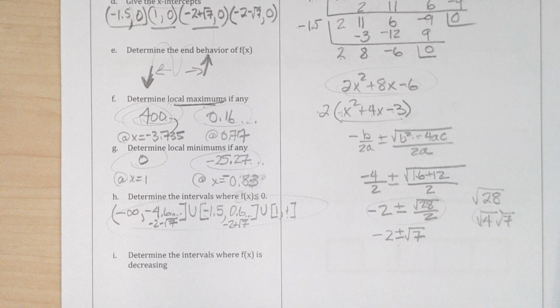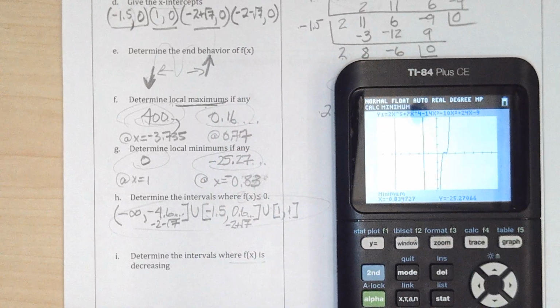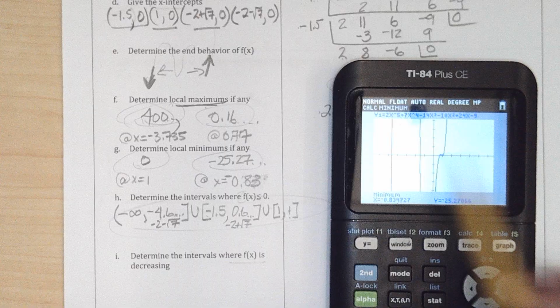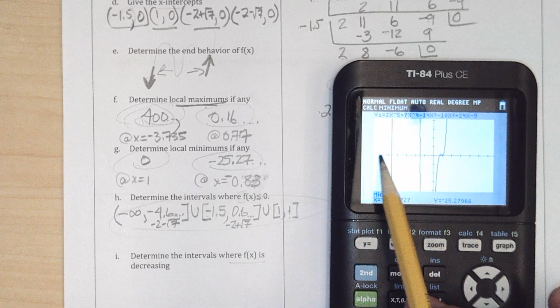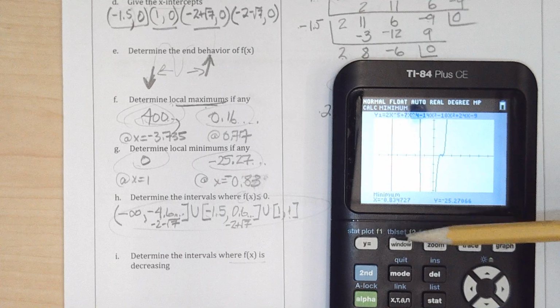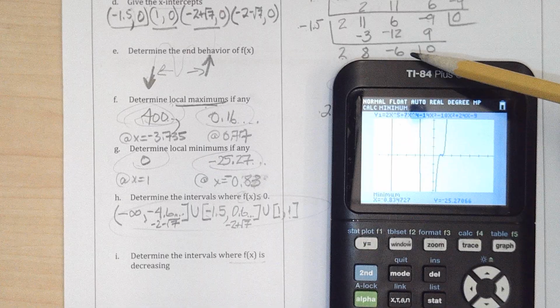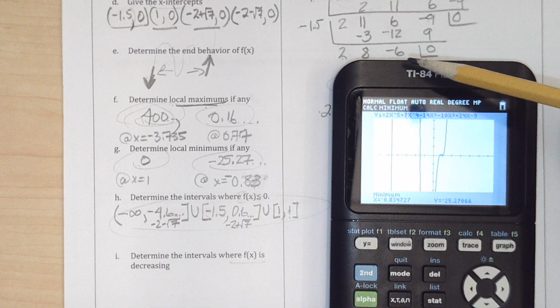And now we got to figure out when it was decreasing. Well, increasing and decreasing depends on which way you read it. Well, we're supposed to read it left to right like you read a book. And so as you're going this way, the graph is getting higher and higher and higher. So it's increasing until it reaches that maximum.